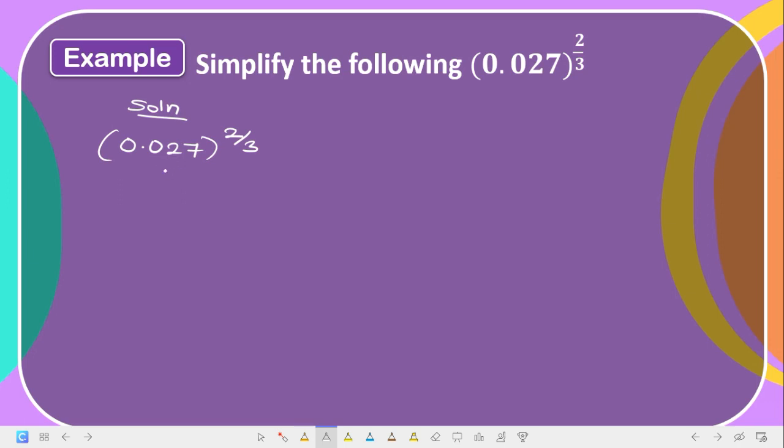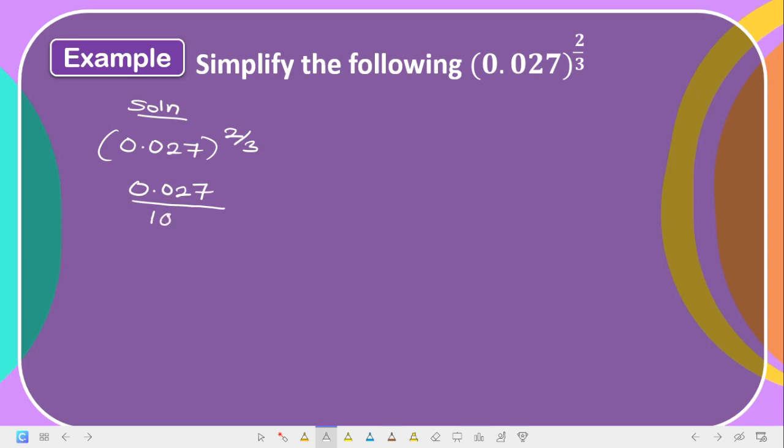Now, converting this to fractional form, what are we going to have? You write down the decimal value again, 0.027 divided by, under this point, you put 1. Then add zeros till the other numbers are exhausted.